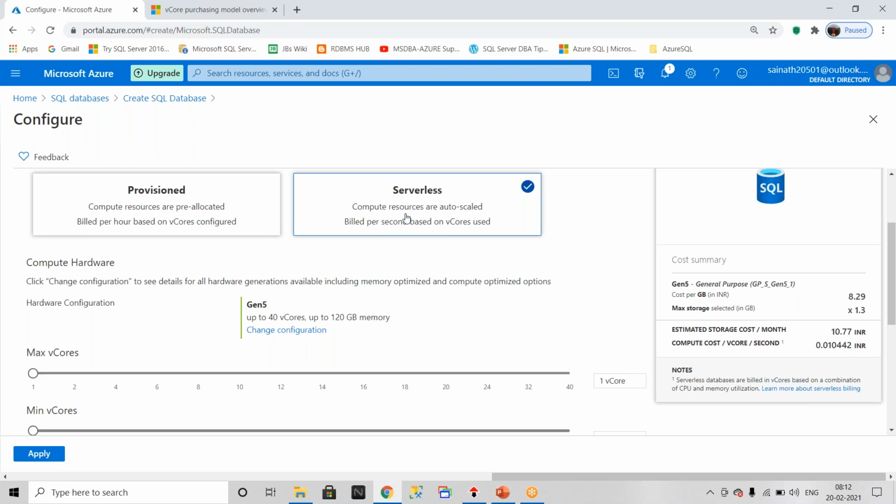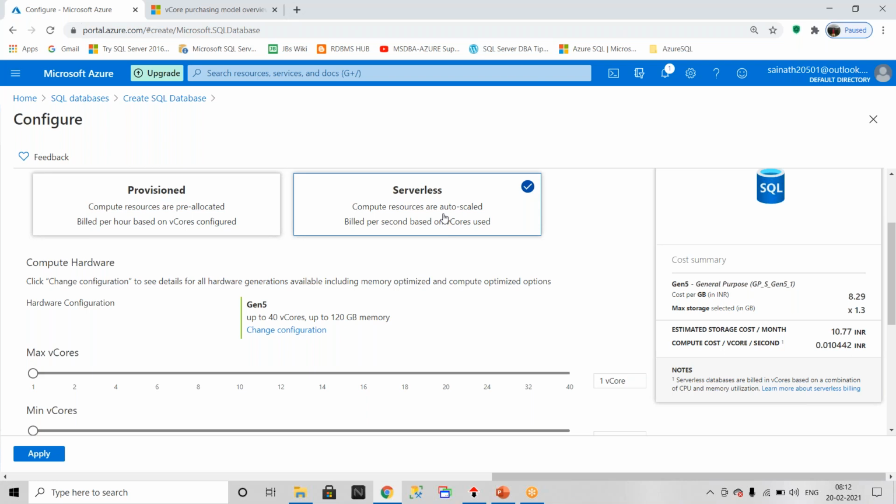Your compute resources are auto scaled. When you go for serverless, whenever you try to connect to the database and perform activities, the resources are automatically allocated. If you are not using your database, that resource can be utilized by someone else.